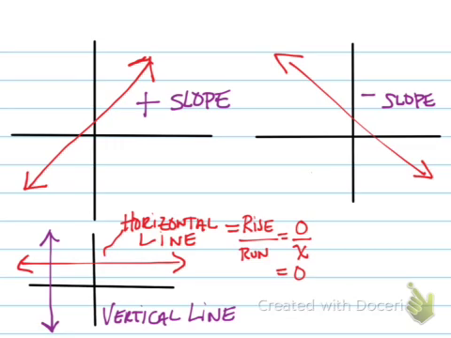So my rise could be anything I want. What's my run? How far over do I go? 0. So I get something over 0, which is undefined. Okay? I can't divide by 0 and get a definite answer, and get anything that I want. All right.